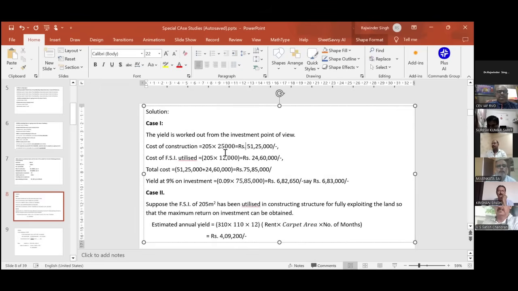Because FSI is 1, you have used 205. Let us suppose you have used only 205 square meter of land, and the remaining land is not utilized. So cost of FSI utilized, 205 into cost of land, 12,000 per square meter, is 24,60,000.